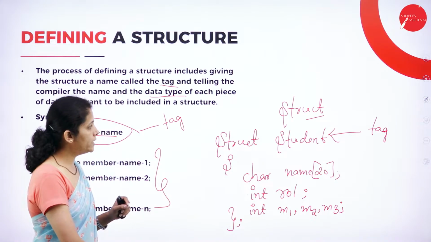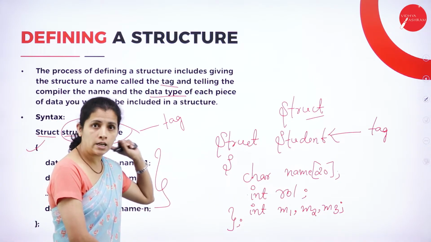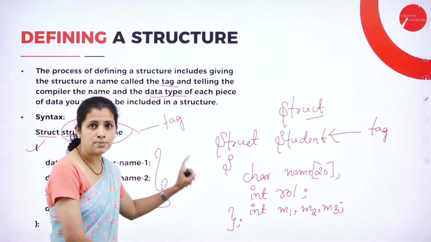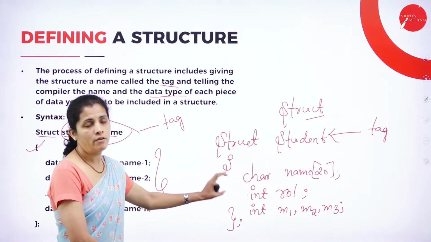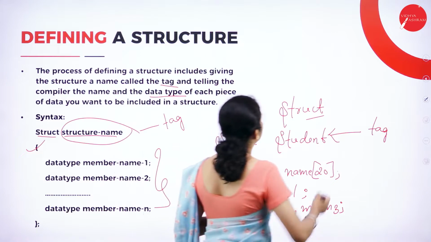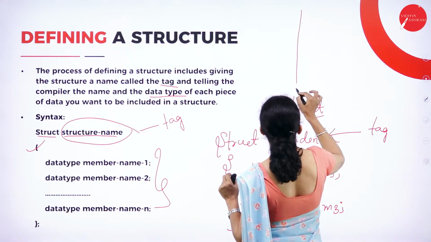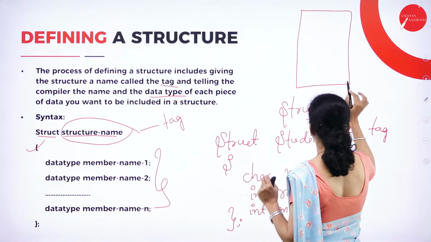Now, dear student, when I define the structure, the compiler is responsible for allocating the memory for this structure. The name of the structure is student, and this is the memory allocation.